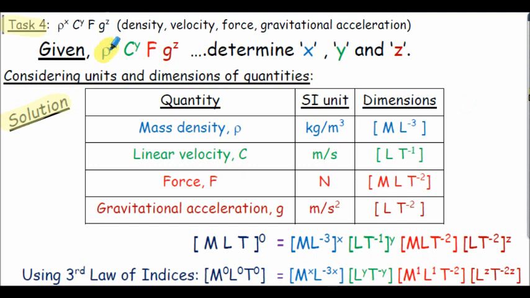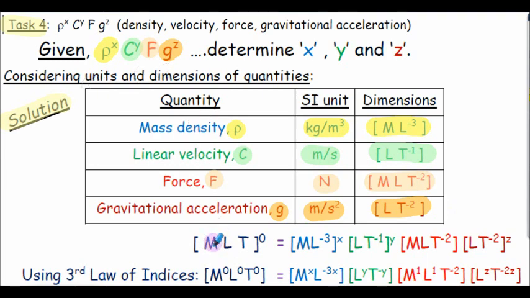As always, consider the quantities given for density, unit, dimensions, velocity, force, and gravitational acceleration, g. So there's the listing of all the quantities considered. As again, this is a non-dimensional expression.